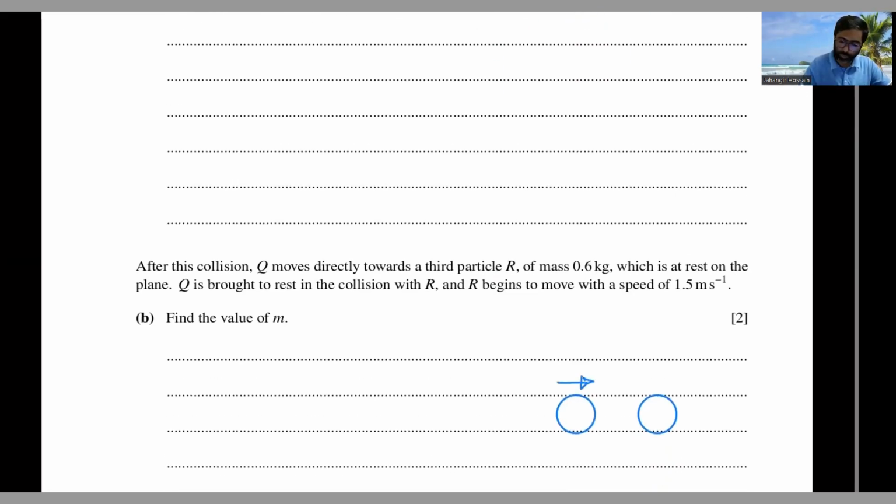Q moves with speed 10m meters per second. Q is brought to rest in the collision with R. So Q is at rest, and R begins to move with speed 1.5 meters per second.